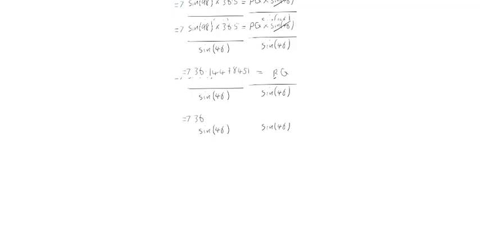So now you said the answer was given. The answer is 36.14478451, and then we said this was equated to PQ. It was divided by sine 46. So the very same answer that you get there, divide it by sine 46.